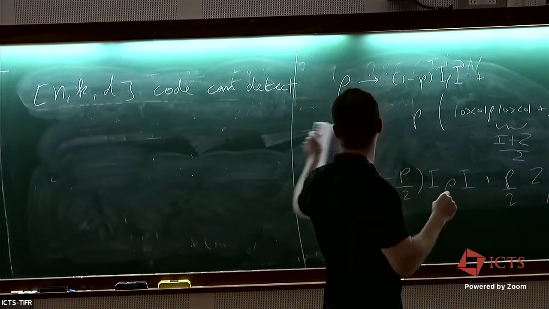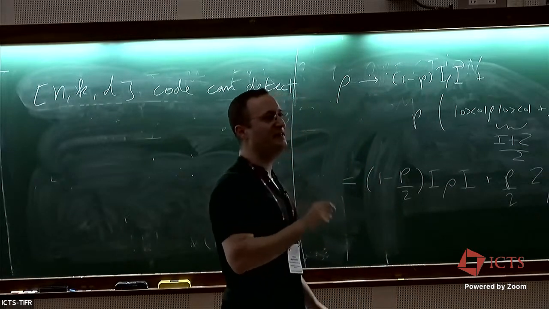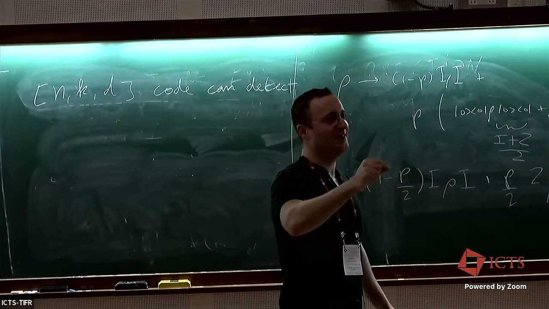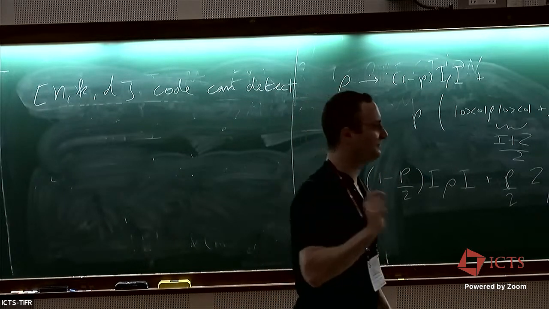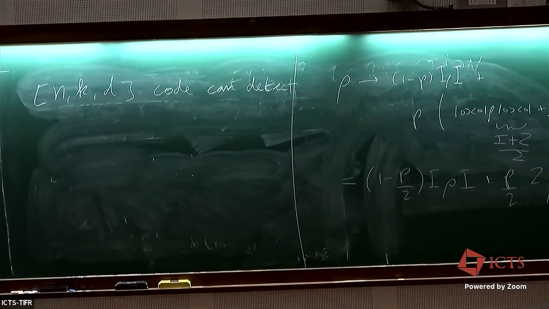For some [n, k, d] code, if d is the minimal number of bit flips, the answer is d minus 1. If I have d minus 1 bit flips, I can never go from a green point, from a logical bit, to another logical bit. So I can always detect that I'm not in the code space. So we can detect d minus 1 errors.